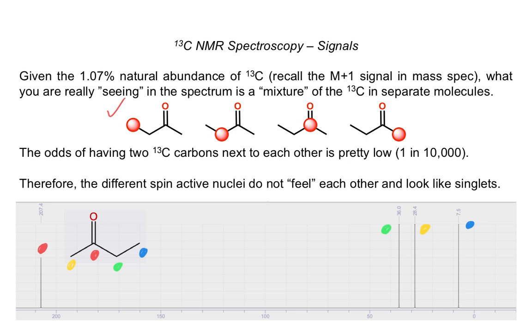Stated another way, because the abundance of C13 is so low, it would be very rare that you have one molecule that contains all of them.